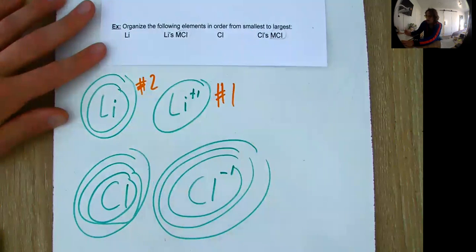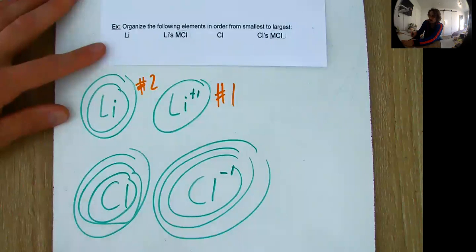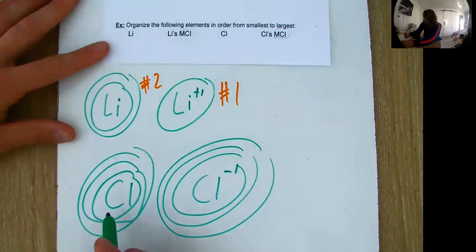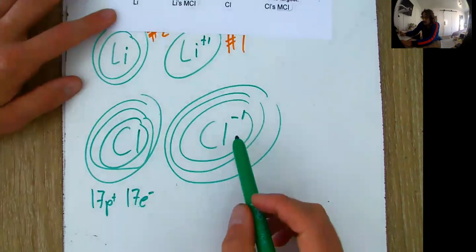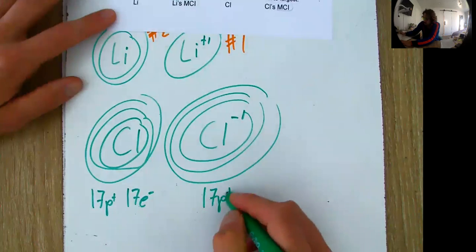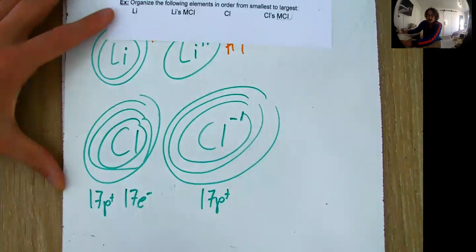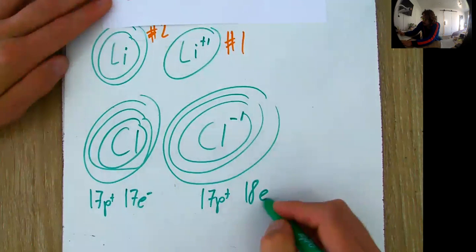So which one's going to be number 3? They both have 3 shells. Well, we have to analyze the difference between their protons and electrons. So a chlorine atom has 17 protons and 17 electrons because it's electrically neutral. It's an atom. Okay, the chloride ion has 17 protons. Remember, that doesn't change because it's still chlorine. And it has 18 electrons.